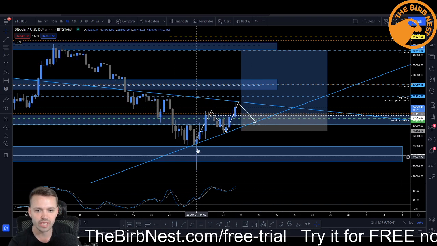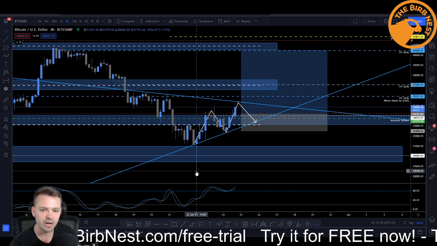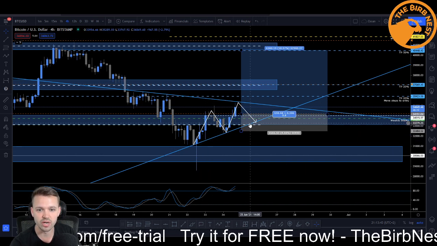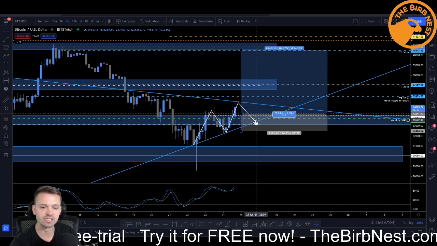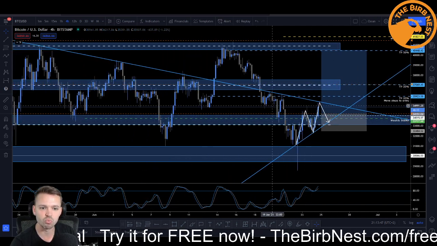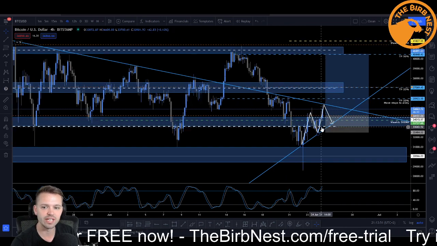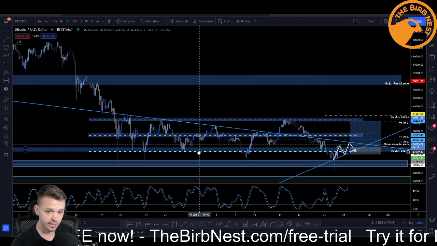You see how I ignored that wick right there? I have ignored that wick because I think it makes perfect sense to do so, and also because that trend line is now confluent with the previous range low area. It's confluent with the weekly 50 and this support area.